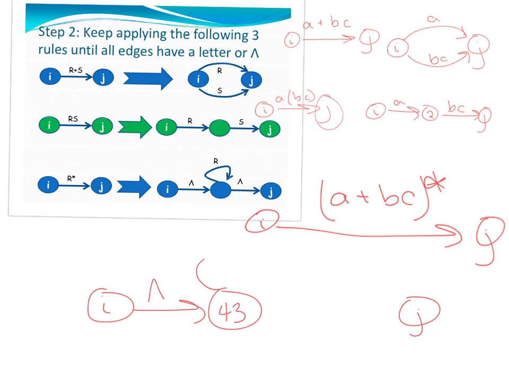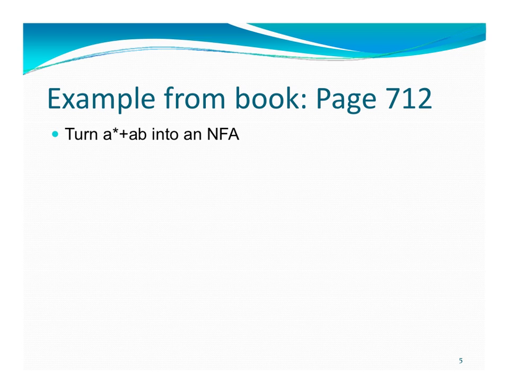I'm going to have a loop on state 43 that has the regular expression A plus BC on it, and then another transition with lambda here. So in the old picture, we started at I, we did 0 or more copies of A plus BC, and then we ended up at J. Here we start at I, we take a free jump. We can optionally, so 0 or more times, go around this thing, and then we take a lambda jump. So again, the same thing.